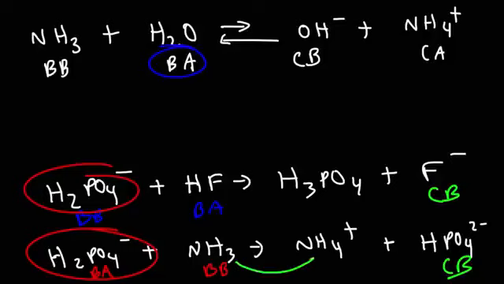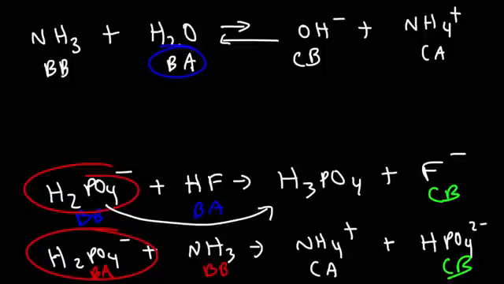Ammonia acquired a hydrogen to become ammonium. So this is the conjugate acid. And here, dihydrogen phosphate acquired a hydrogen to become phosphoric acid. So anytime you add an H plus ion to something, you create the conjugate acid. When you remove an H plus ion from something, you create the conjugate base.